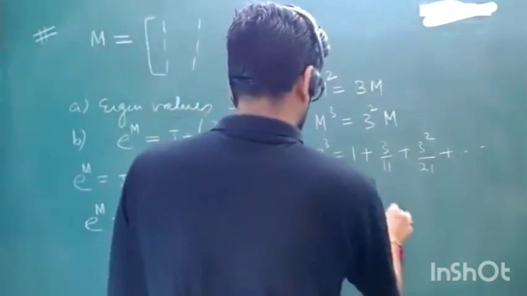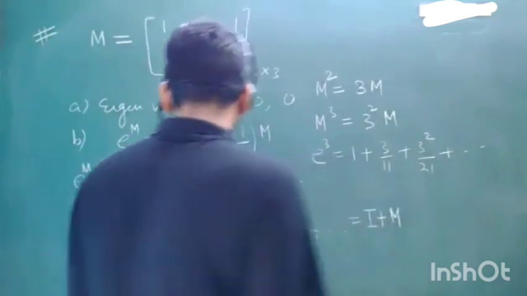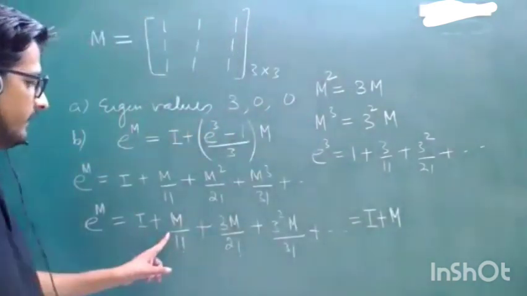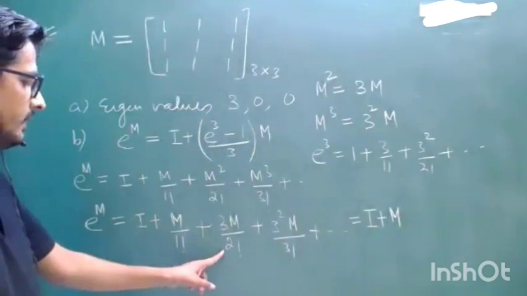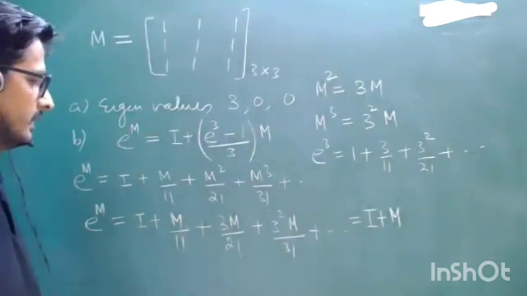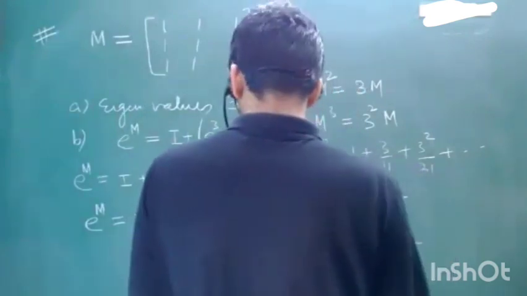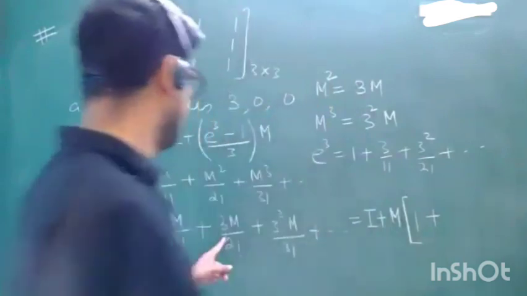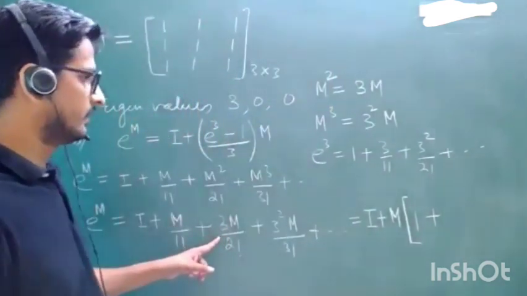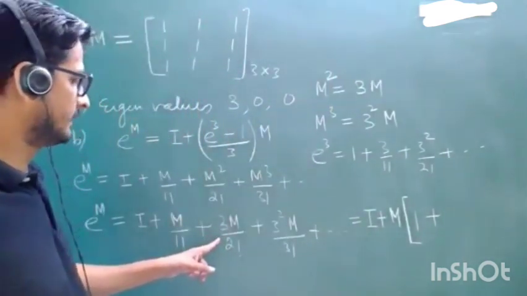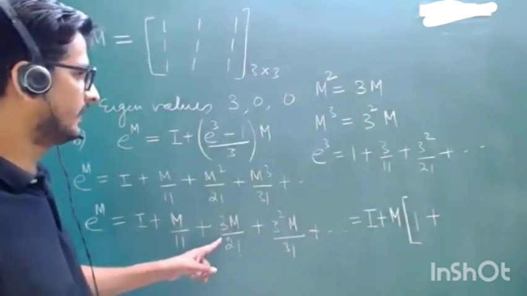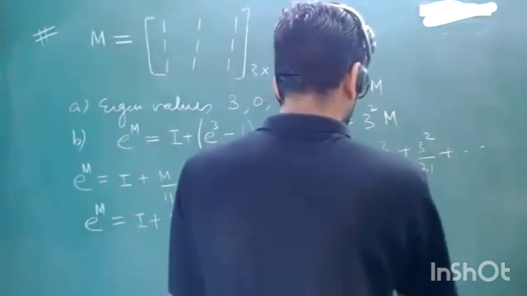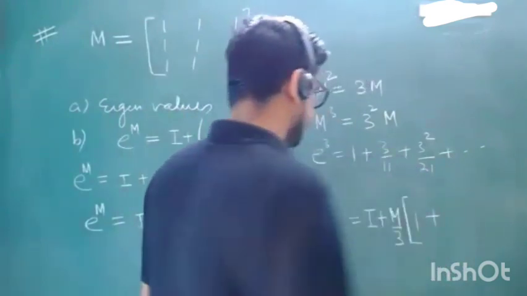So I plus m, if I take m common, and you see here we have 2 factorial but you need square. So how will you manage that? You need 1 plus 3 upon 1 factorial, then 3 square upon 2 factorial. So what you can do is just take 3 common.